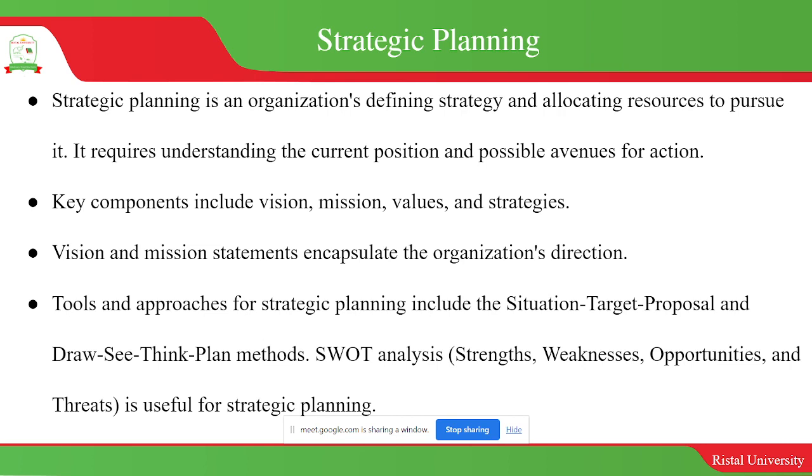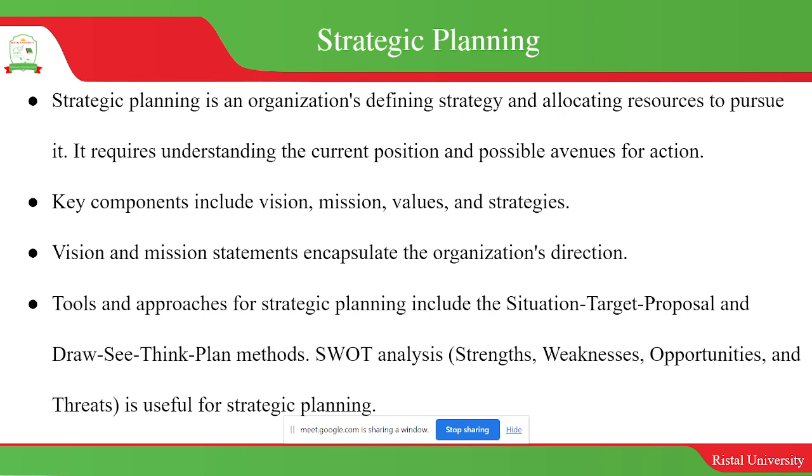So you use a number of tools to achieve strategic management. First of all, you need to understand what the organization is doing and how it will contribute to its mission and vision. Okay, so that means that you need to first analyze the organization in terms of its strengths, weaknesses, opportunities, and threats.